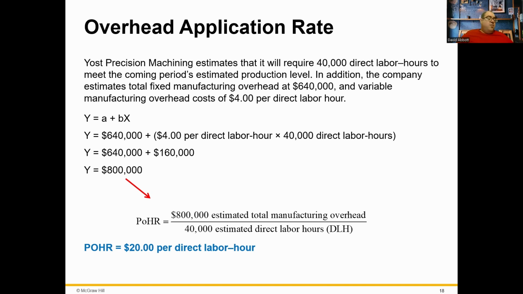They estimate that 40,000 direct labor hours would be required to support the planned production for the year. And they estimate $640,000 of total fixed overhead cost and $4 of variable overhead per direct labor hour. So $4 an hour is variable overhead, and $640,000 is the total fixed. We can use the cost formula then, and we see how they did that.